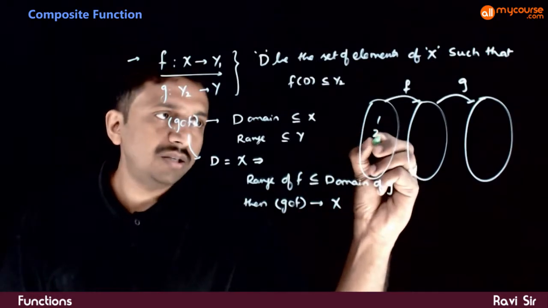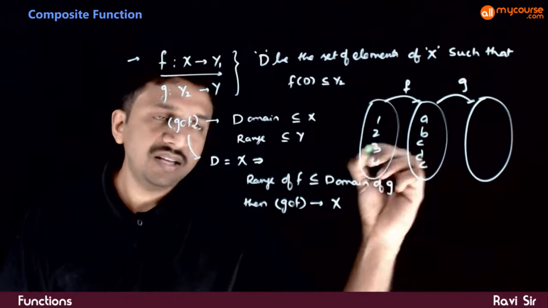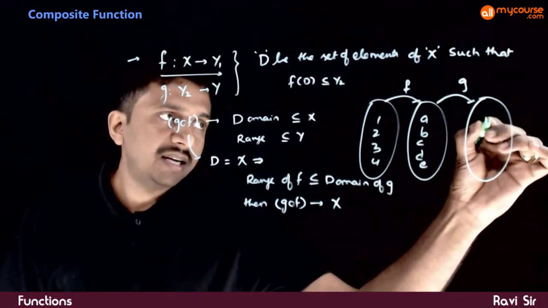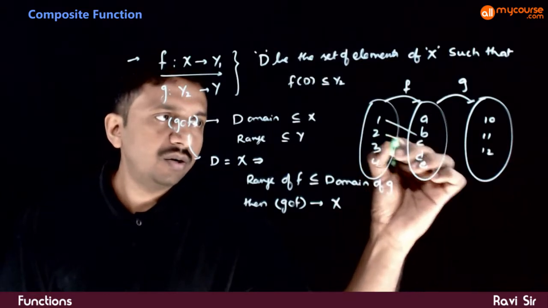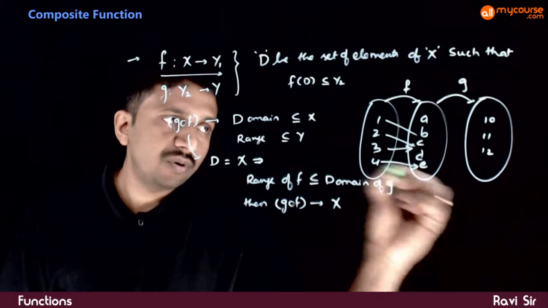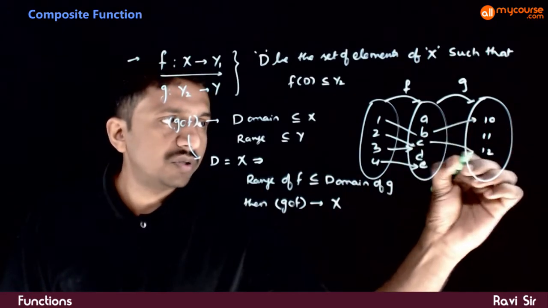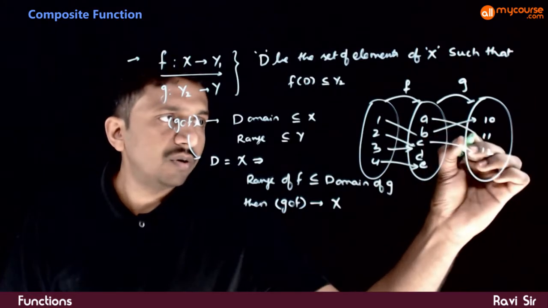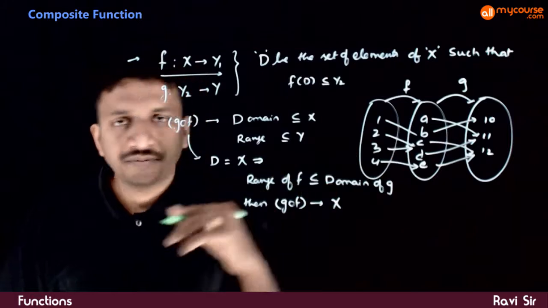That is, if you have 1, 2, 3, 4 here, you have A, B, C, D, E, and 10, 11, 12. So 1 goes to B, 2 goes to C, 3 goes to C, 4 goes to E. And B goes to 10, C goes to 12, A goes to 11, D goes to 11, E goes to 12.